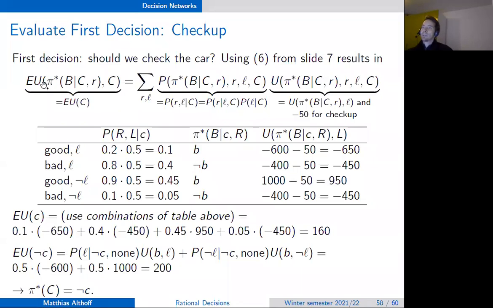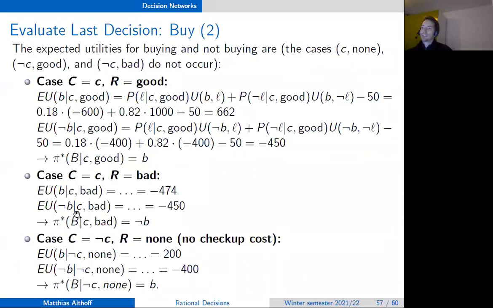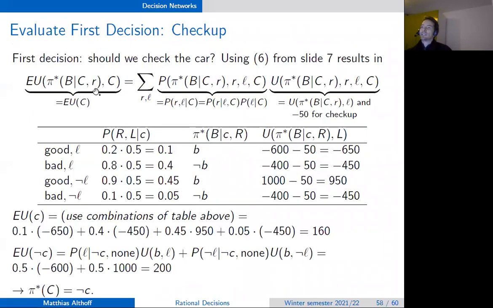So we want to have the expected utility of buying the car and the checkup. Whether we buy the car or not is determined by the optimal policy of the previous decision. So pi star of B given C and R is what we computed in the previous step. So whether we buy the car or not, given the checkup and report.